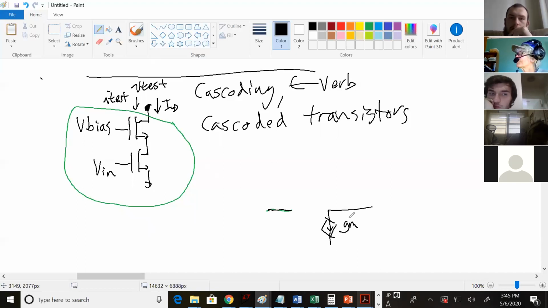Oh, and use subscripts so you know what value belongs to which transistor. We'll call this M1, M2.